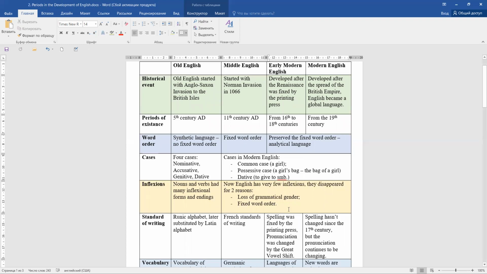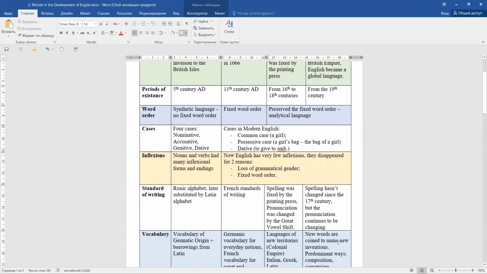In Early Modern English, spelling was fixed by the printing press, but pronunciation changed, and it changed due to the great vowel shift. And finally, spelling hasn't changed since the 19th century, but the pronunciation continues to change. That's why we have so many difficulties with English spelling.